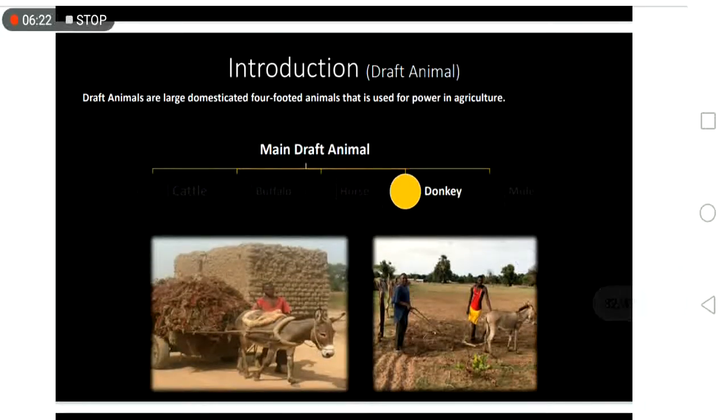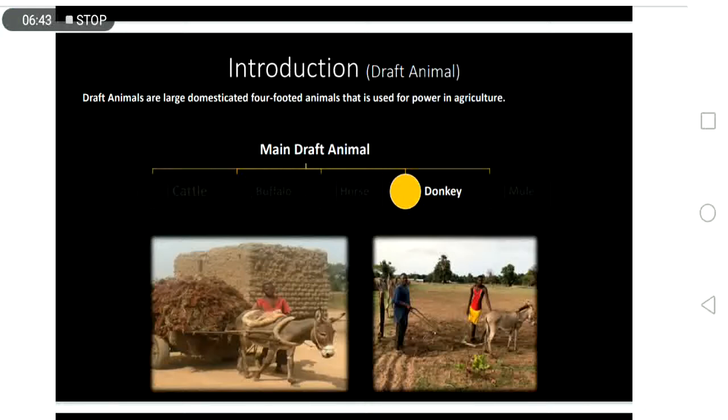While in some other countries, they use the power of the donkey, also during land preparation and other agricultural operations, as well as for lifting or transporting some agricultural products.